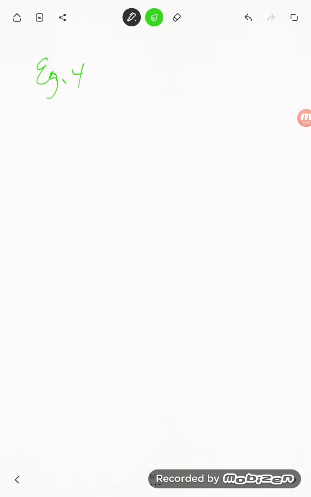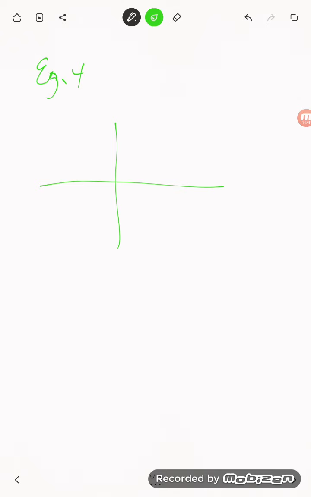Example 4 has a ship that's set to travel at 23 kilometers per hour relative to the water on a heading of 40 degrees and a current of 8 kilometers per hour flowing from a bearing of 160 degrees. So this is similar to the problems in chapter 6, applications of adding vectors. But now we're going to do it with Cartesian vectors instead of geometric vectors.